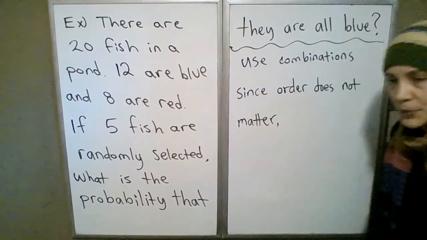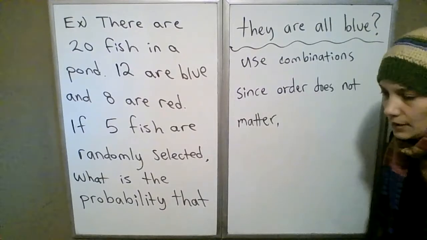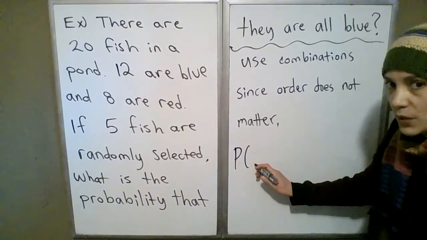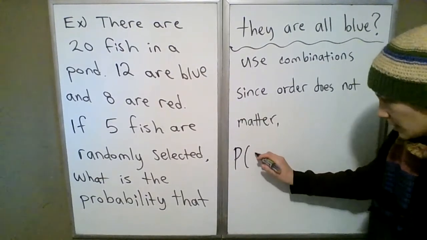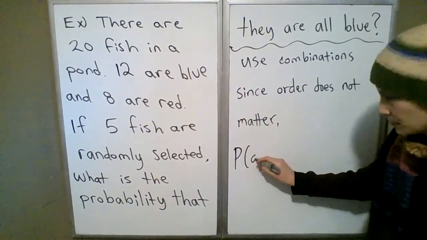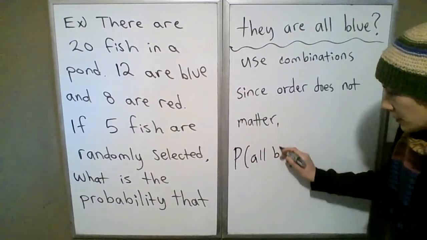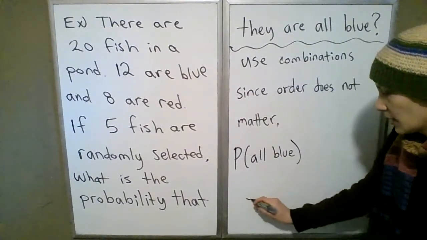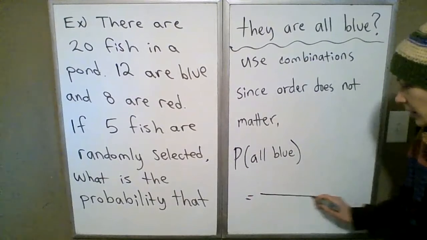Okay, so the probability that you have 5 fish that are blue. I'm going to put all blue. And then we're using the definition.